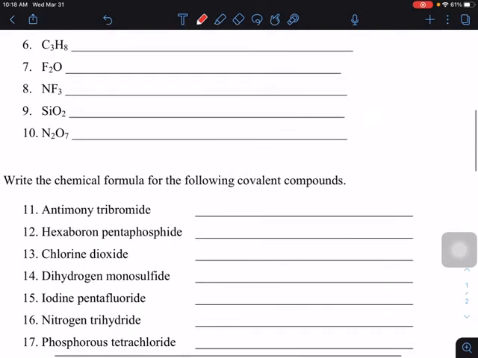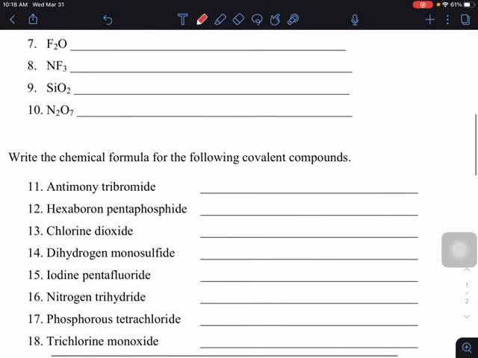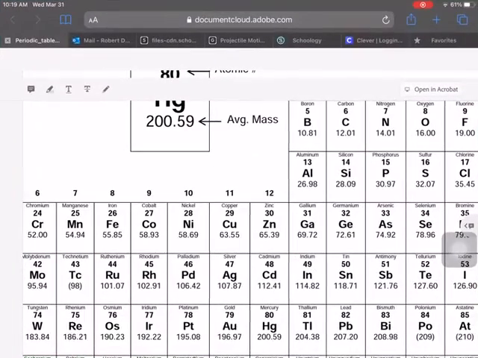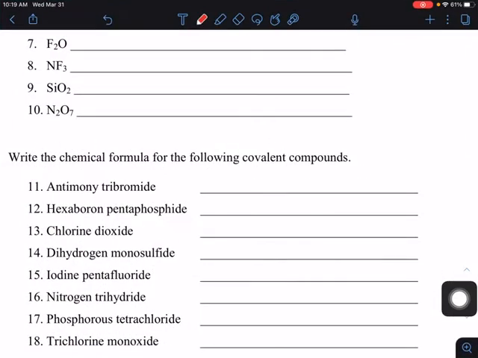And let's look at some of these other examples here. Antimony tribromide. Again, that's one that we don't see a lot. Here it is right here, number 51. It's a symbol of Sb. And there's no prefix for it, so it's just Sb.